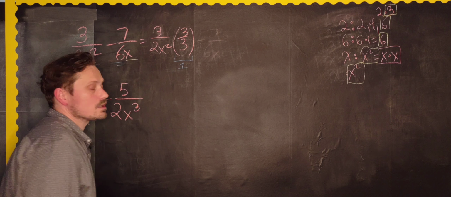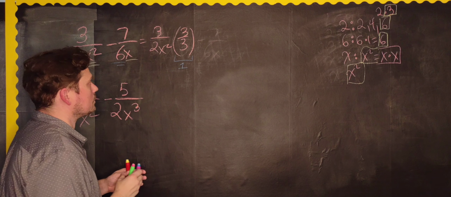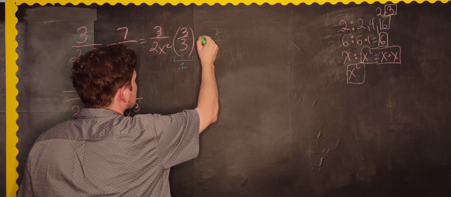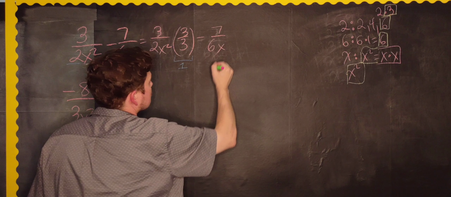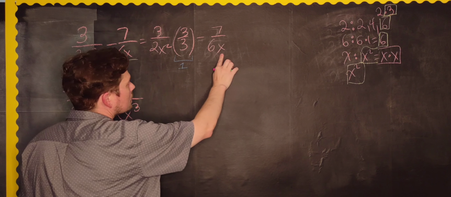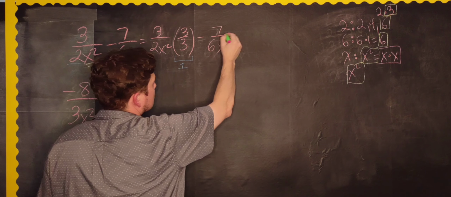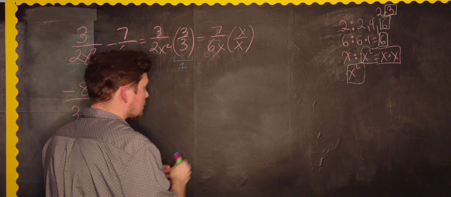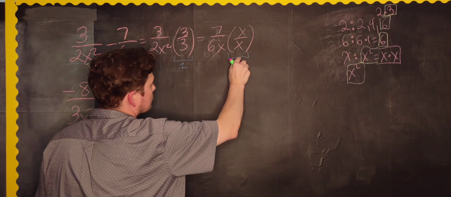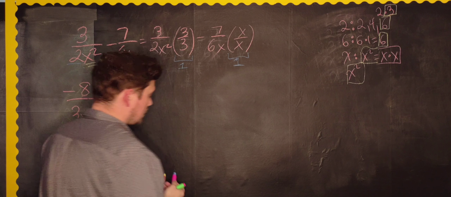That's all it is. You're only allowed to multiply by a form of the number 1. And then you're going to do minus 7 over 6x. Again, what's missing here is x. So you're going to multiply by x over x, like this. Let me stress this: this is a form of the number 1 right here.